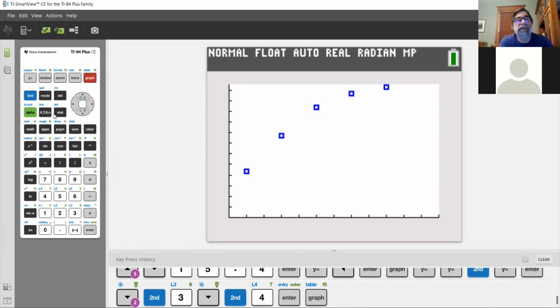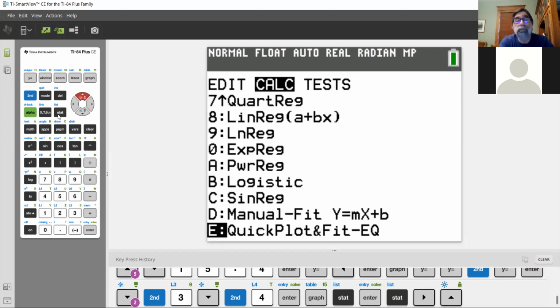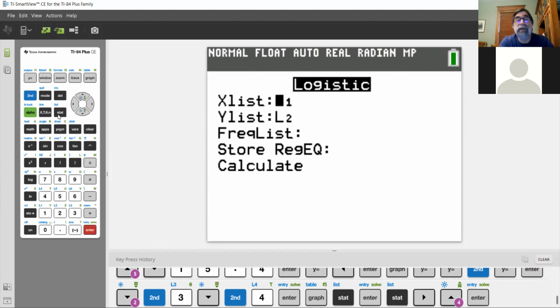You can call up the logistic model here if you want to do a model. Actually, do L3 and L4 here.